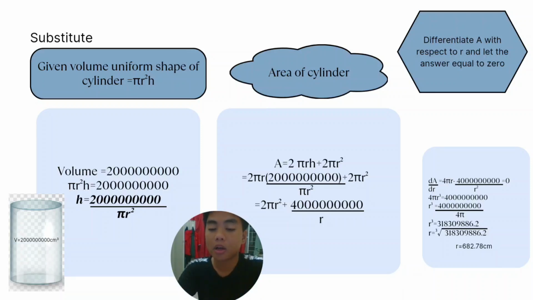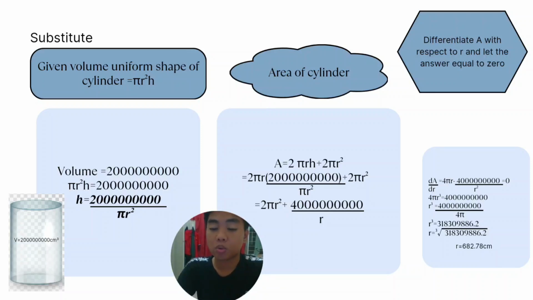Then we move the 4 pi to the right hand side, which leaves r cubed equals 400 millions per 4 pi. Then we simplify the value of 400 millions per 4 pi, which gives 318,308,886.2.